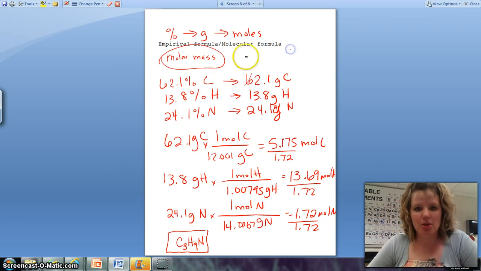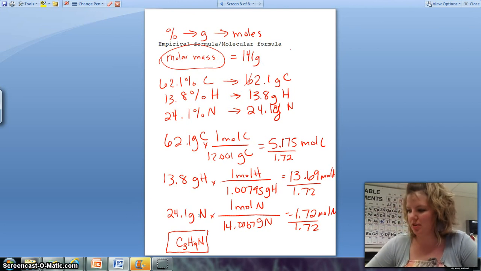Molar mass is equal to 141, or around that. So if we calculated this molar mass, we do 12 times 3 equals 36, plus 9 for hydrogen, plus 14 for the nitrogen, we get around 59. So this molar mass is around 59, 60. So how could we get to 141? You take that 59 times 2 would be 118. 59 times 3 would be 177.